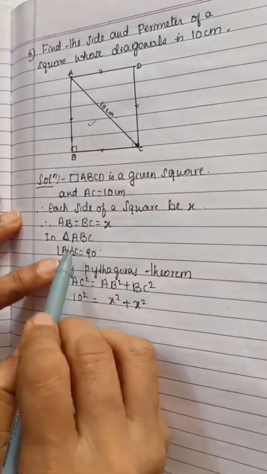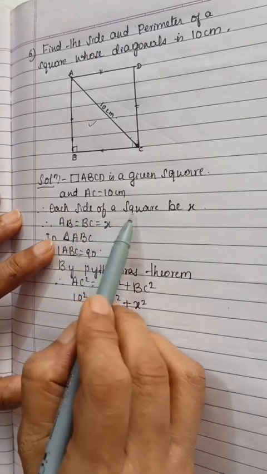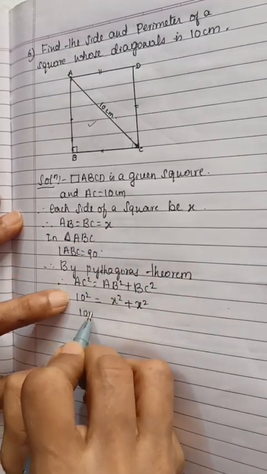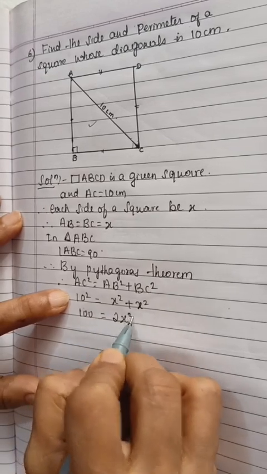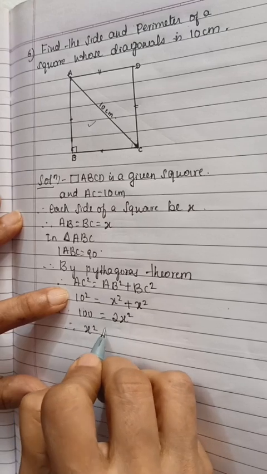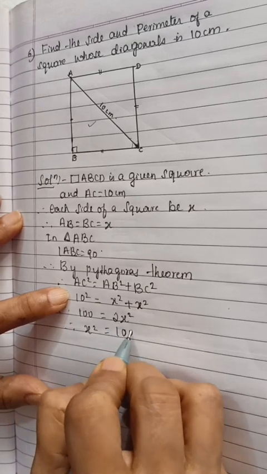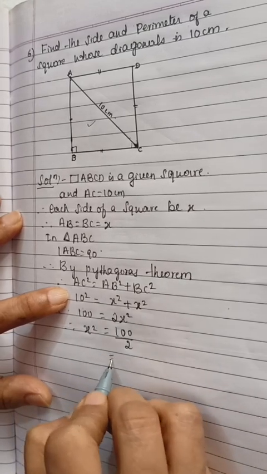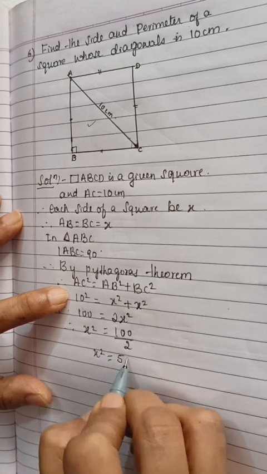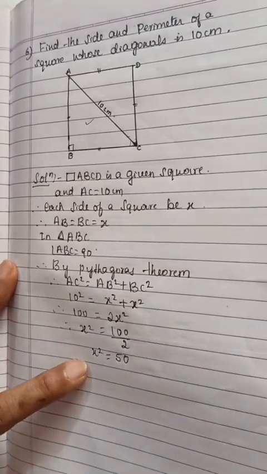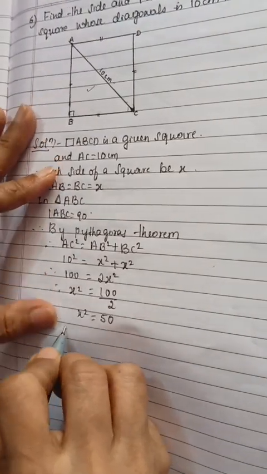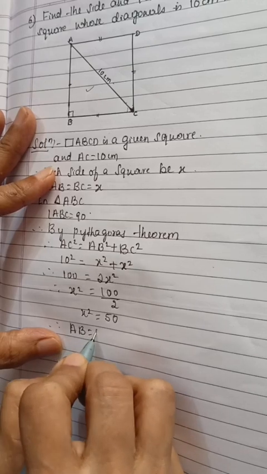We have assumed that each side of the square be x. So x square plus x square, that is 10 square is 100, is 2x square. Therefore x square is 100 by 2, that is x square is 50. Therefore x means once you take one side, AB is 50.